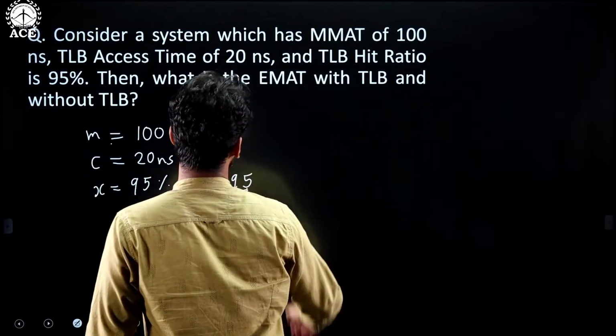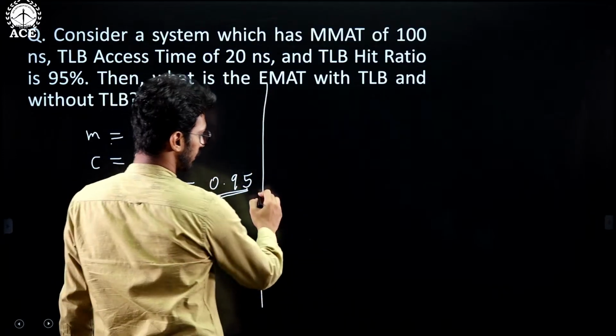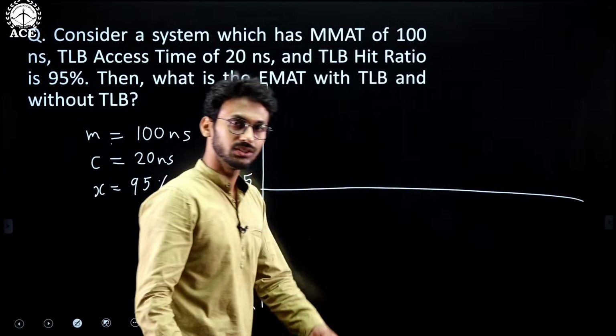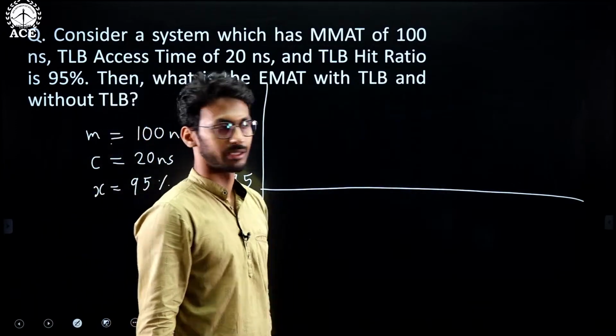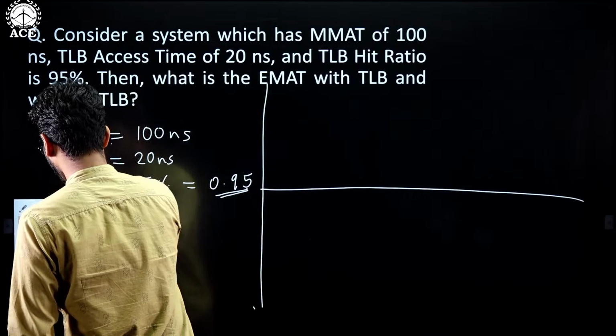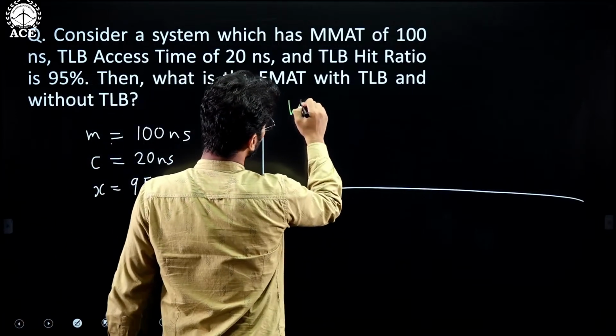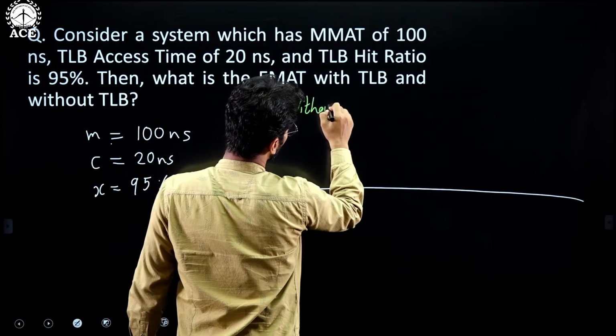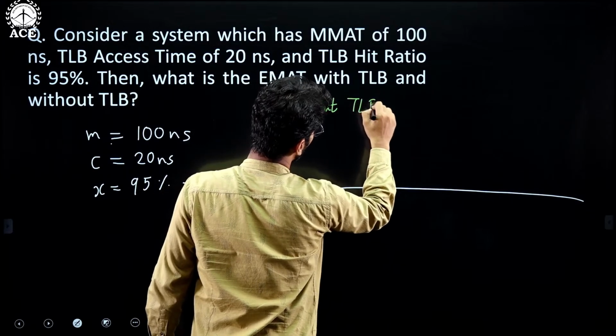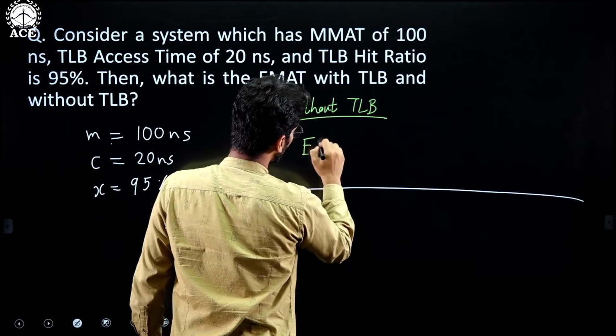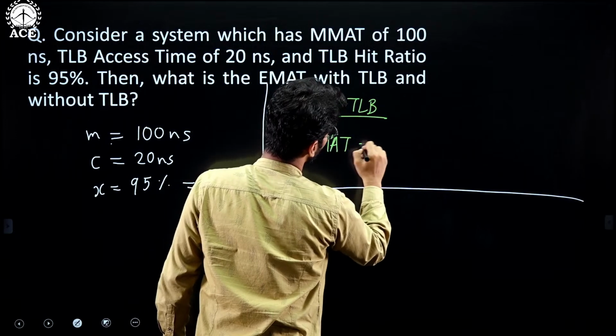Okay, next is multi-level paging. So let me do it here. You calculate it. I'll just write a formula. Okay, first one, without TLB. What will happen without TLB? See, effective memory access time will be what?